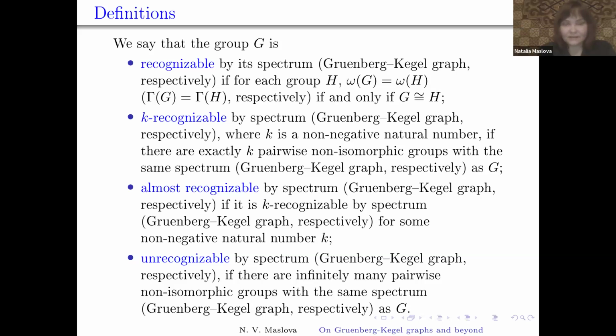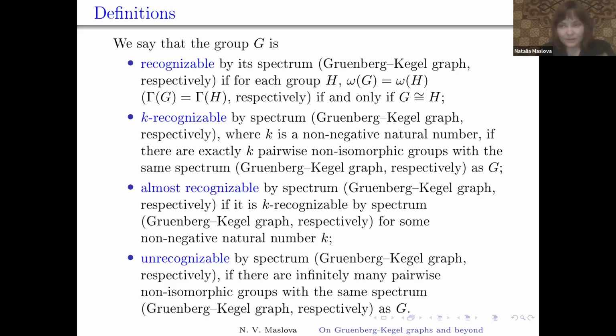A group is k-recognizable by the arithmetical parameter if there are exactly k pairwise non-isomorphic finite groups with this arithmetical parameter. It is almost recognizable if it's k-recognizable for some positive integer k, and a finite group is unrecognizable by some arithmetical parameter if there are infinitely many pairwise non-isomorphic groups with this arithmetical parameter.